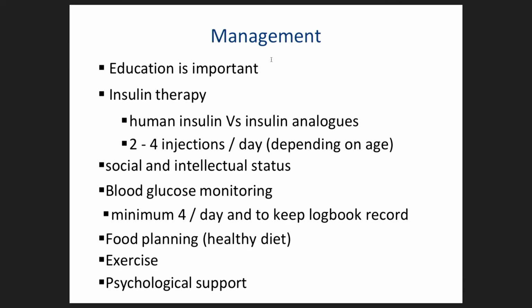Management of diabetes will include, number one, education. We have to concentrate on educating our patients on diabetes. Unfortunately, in our community, when you sit with patients with diabetes, they don't have enough knowledge about how to manage their diet, exercise, and the various types of insulin.